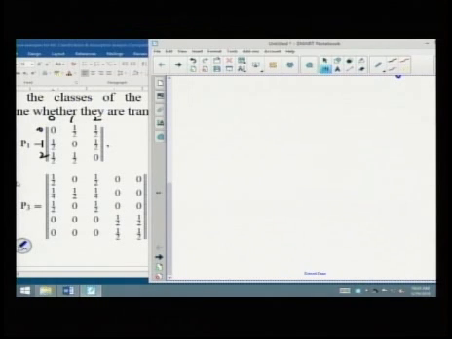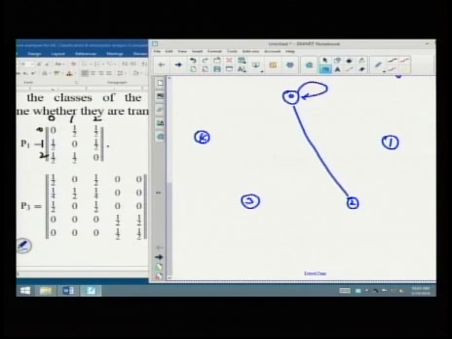So let's work on P3. So now we have 5 different states. So let's say we have 0, 1, 2, 3, and 4, like that. Okay? So we have 0 to 0 and 0 to 2, right?